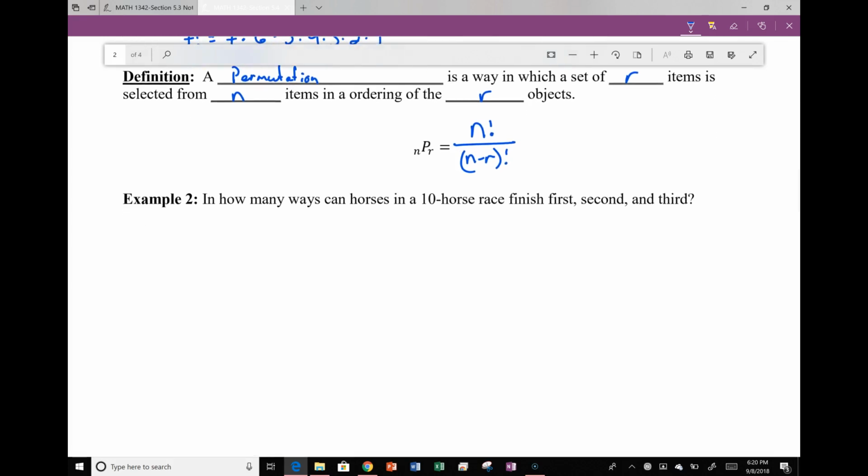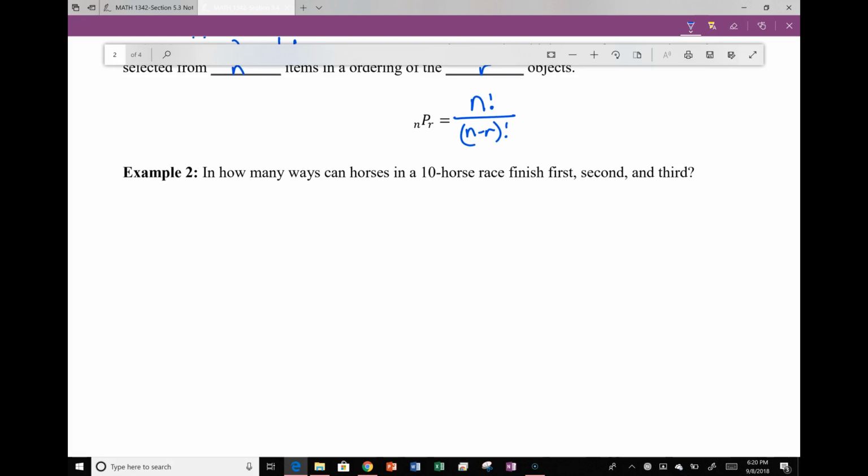To better illustrate this, let's look at an example. In how many ways can horses in a 10-horse race finish first, second, and third? So we have a total of 10 horses, and we have 3 places that we're looking at. First, second, third means that there is an order to it.